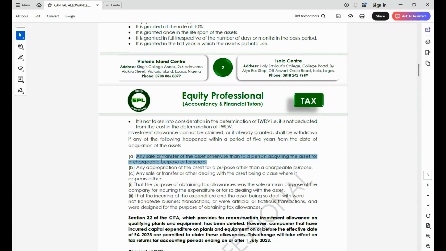Then also any appropriation of the asset for a purpose other than a chargeable purpose, where you are now using that asset for personal usage, for any purpose other than the business.